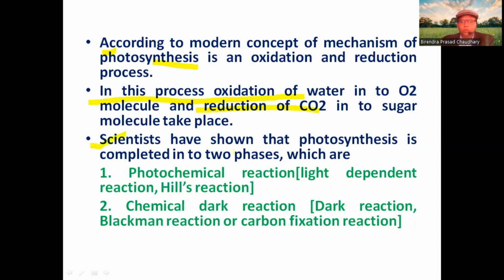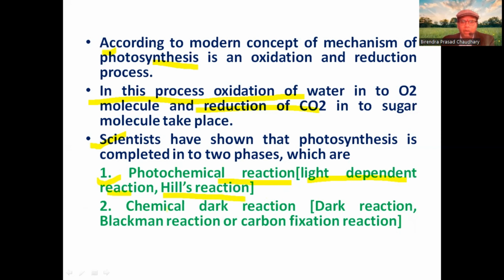Scientists have shown that photosynthesis is completed in two phases. The first one is the photochemical reaction. It is also called the light-dependent reaction, and it is also known as Hill's reaction.